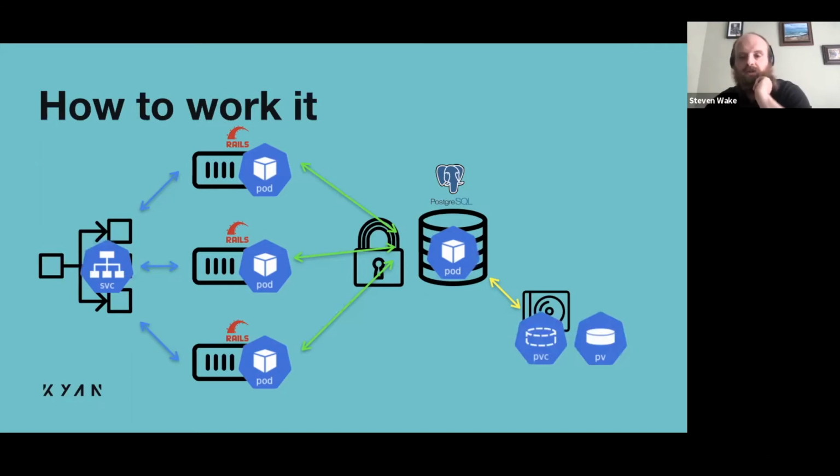The persistent volume is, as you would expect, like a hard drive. The persistent volume claim is like a ticket to that volume. So you want to store your Postgres database on that. And then you've got a specialized secrets object, which will contain information to keep the credentials safe.